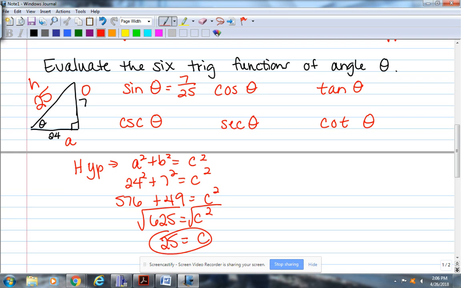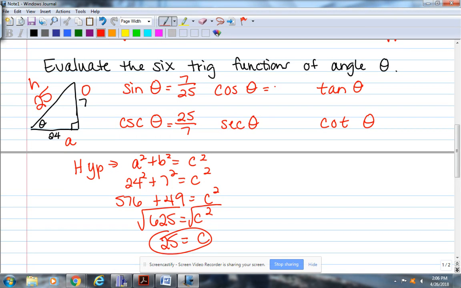So we can go ahead and do cosecant. What's the inverse of that? 25 over 7. If I can do sine, I'll do the reciprocal and I get cosecant. Cosine is adjacent over hypotenuse.